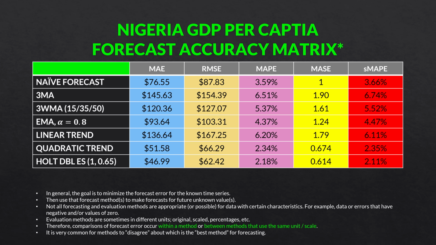It means it is the best of all these methods, and it means it is far better than the naive forecast, because any value with a MAISE under 1 is better. Any value with a MAISE over 1 is worse than the naive forecast. So using Holt Double Exponential Smoothing and Solver to find the optimal alpha and beta, we were able to wring out a lot of error in this forecast accuracy matrix.